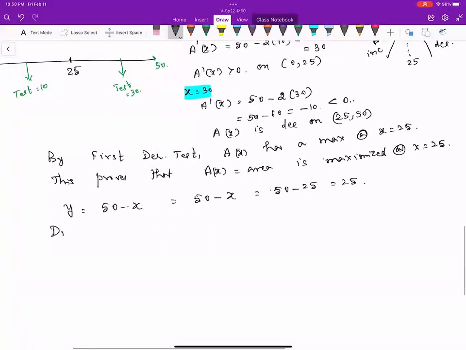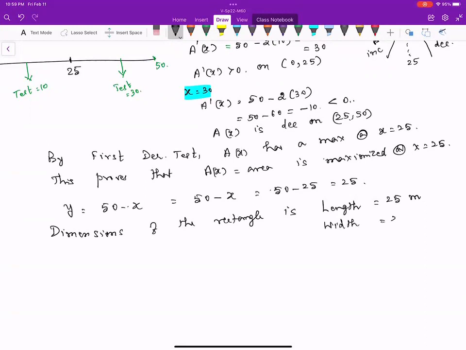So the dimensions of the rectangle to give the maximum area: length equal to 25 meters, because the dimensions are given in terms of meters, and width equal to 25 meters as well.